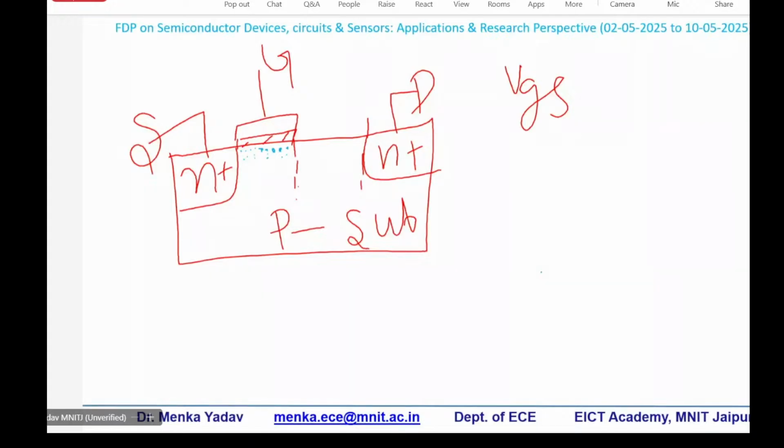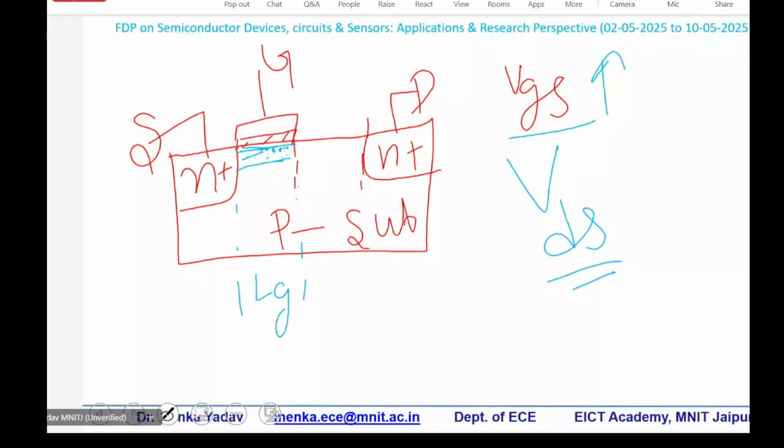Okay, fine. So now if you are increasing VGS, it means you are increasing the carriers in this channel and this channel is formed. If you are increasing VDS, from this to this was your LG, the gate length.